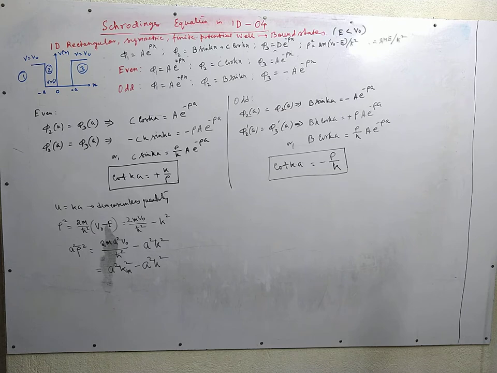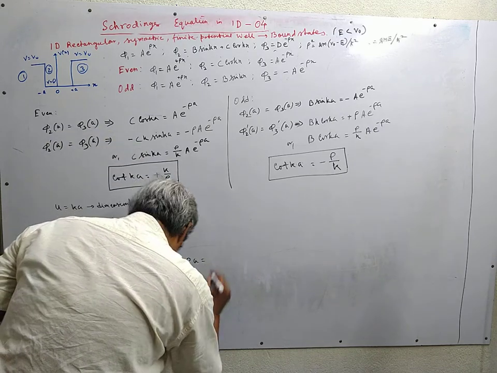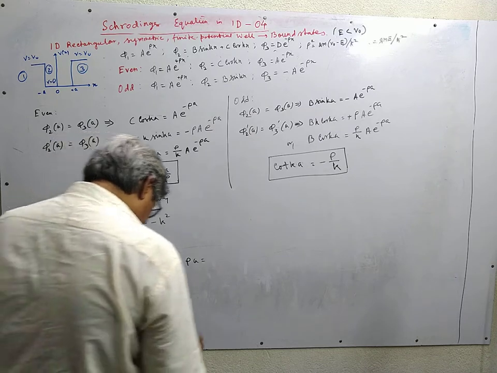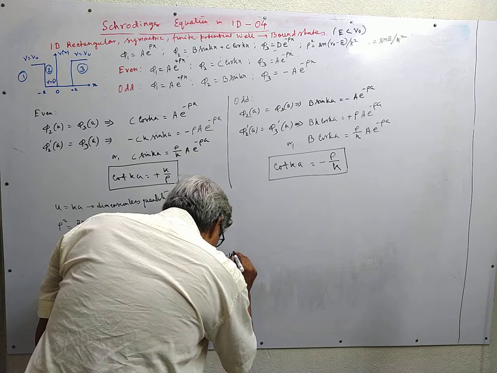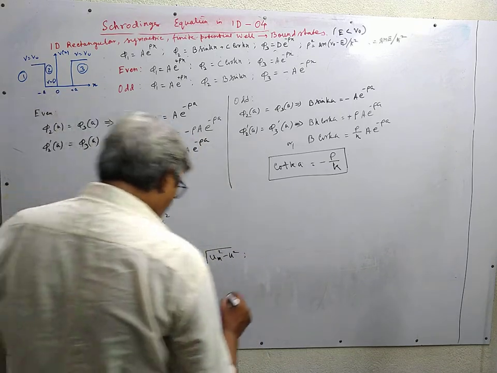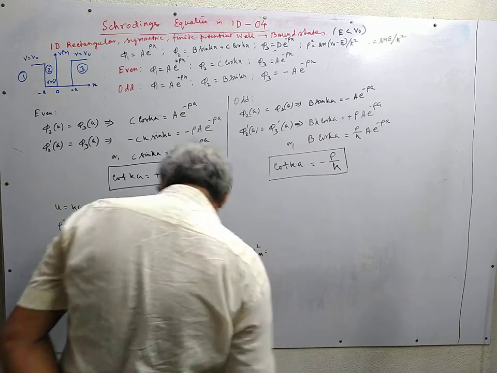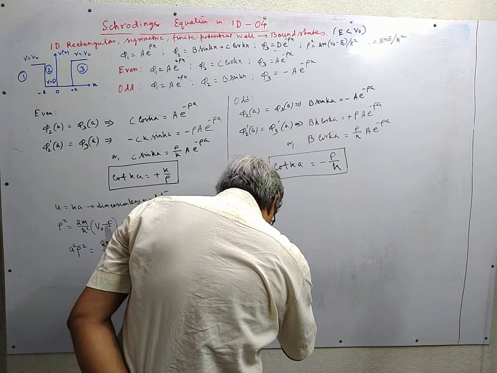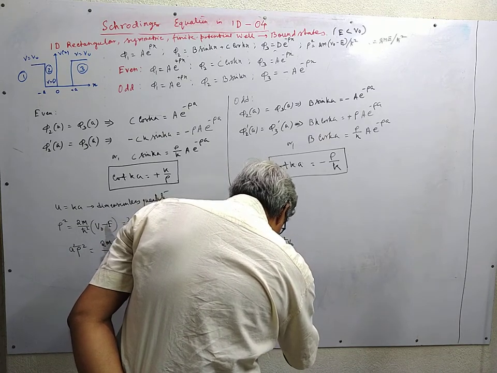That is to say, rho a is equal to under root um square minus u square, where we define um square is equal to twice m a square V0 by h bar square.